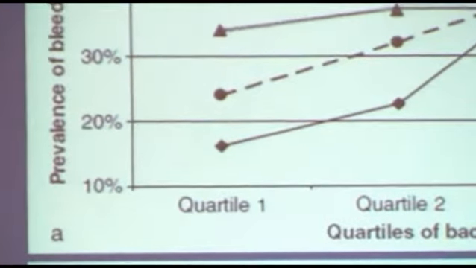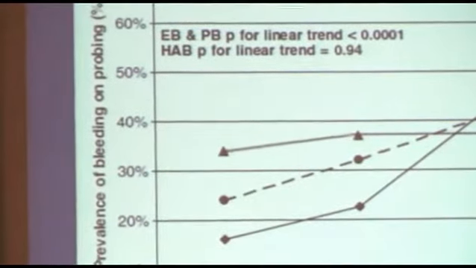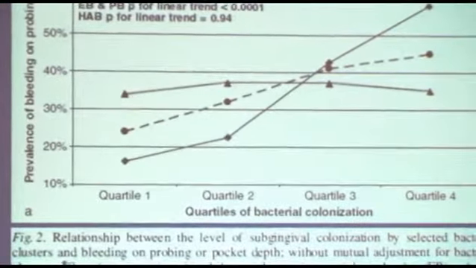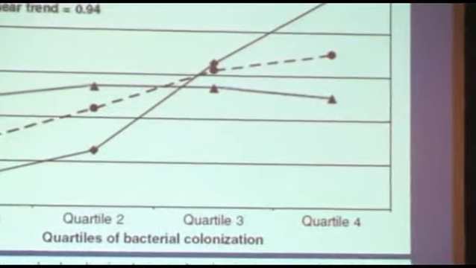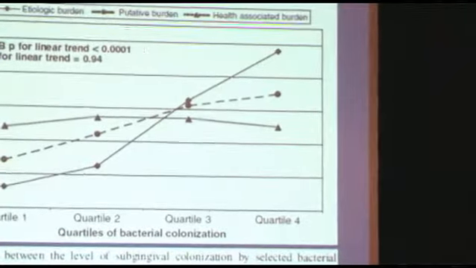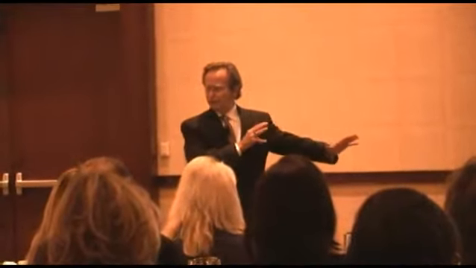So even at very low concentrations of these bacteria, everybody following me here? If a person has very low concentrations of these bacteria, they will get bleeding. Look what happens in quartile 2 when the concentration of the bacteria go up. Look what happens in quartile 3. And when we have the highest concentration of these bacteria in 0 to 2 millimeter pockets, everybody get it? Bleeding is caused by bacteria, and especially these bacteria.